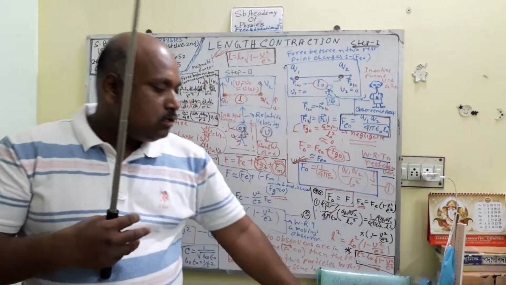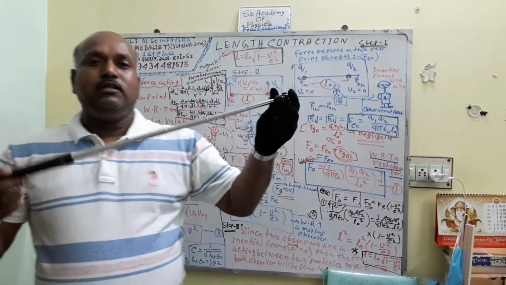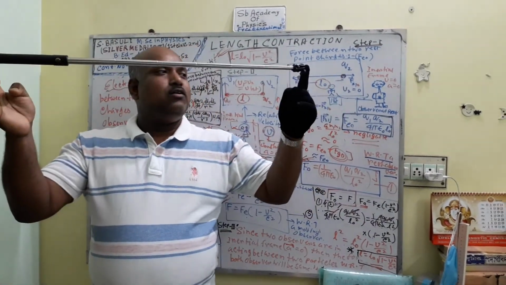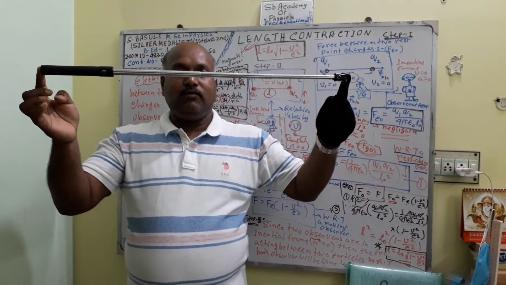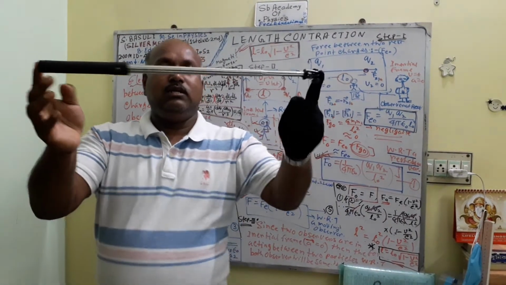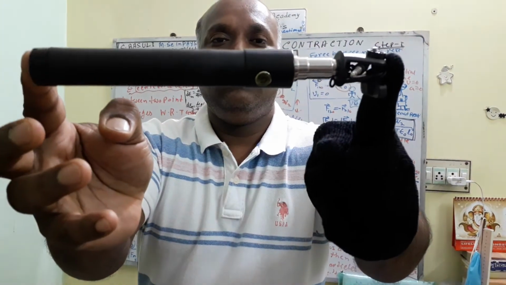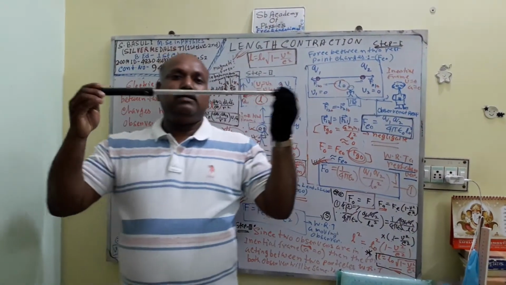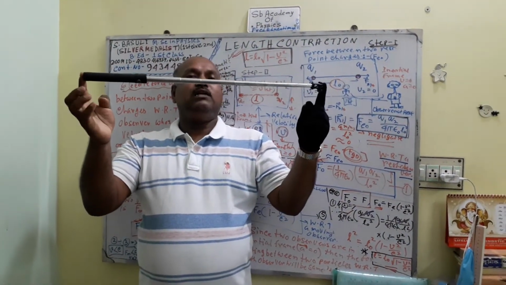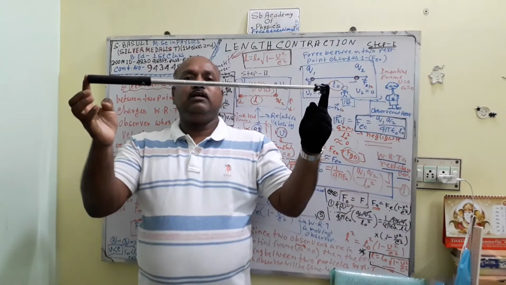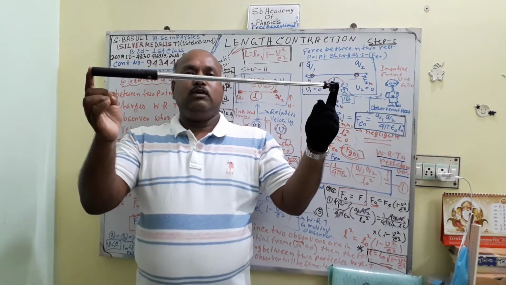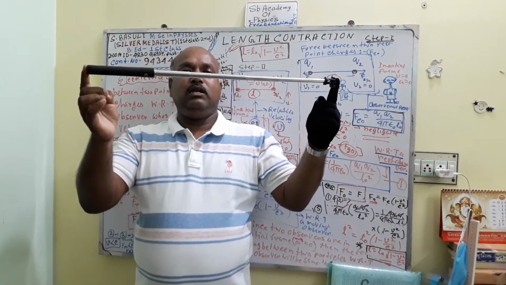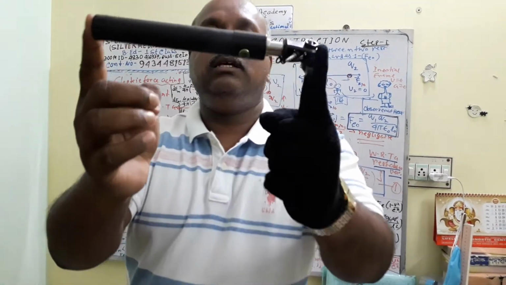The length of the body is contracted. So in the first class we saw the length of the rod with respect to an observer. When you observe from the rest frame, the length of the rod is just like this. But when you observe from a moving frame, you observe that the length is contracted like this.